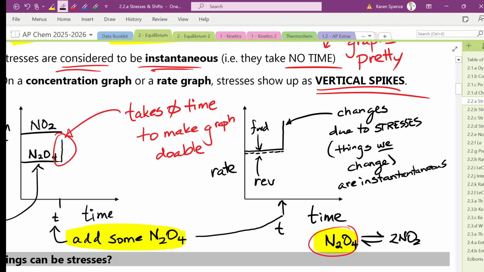So what I would do is, let's say there was a stopper on the top of this. I could have some N2O4 in a hypodermic needle. I could jam the hypodermic needle through that stopper, press the thing, and Bob's your uncle.